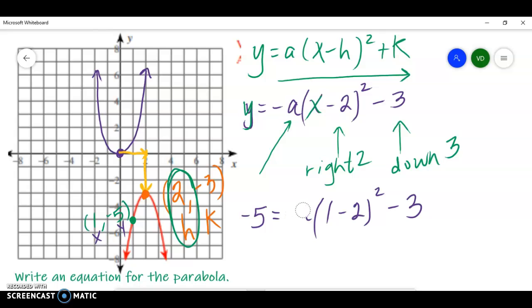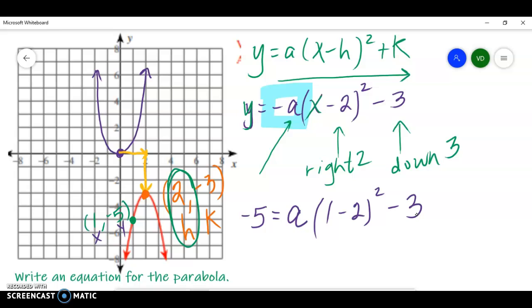I know that my final A value is going to have to be negative, but I don't want to put the negative sign yet until after we solve for it, okay? If that makes sense. I know that my A has to be negative, but I don't want to include that negative sign yet, because I need to solve for it first.